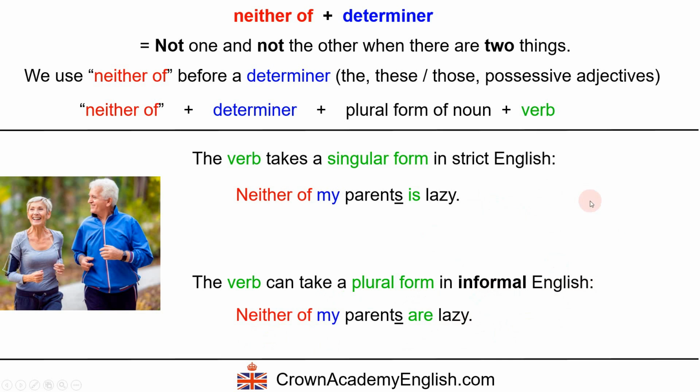I'm sure that many native speakers who are not teachers like me probably do not even know this rule. So you will hear this a lot. Neither of my parents are lazy. So again, neither of, possessive adjective, noun in the plural, and also the verb in the plural. But in correct English, the verb is in the singular.